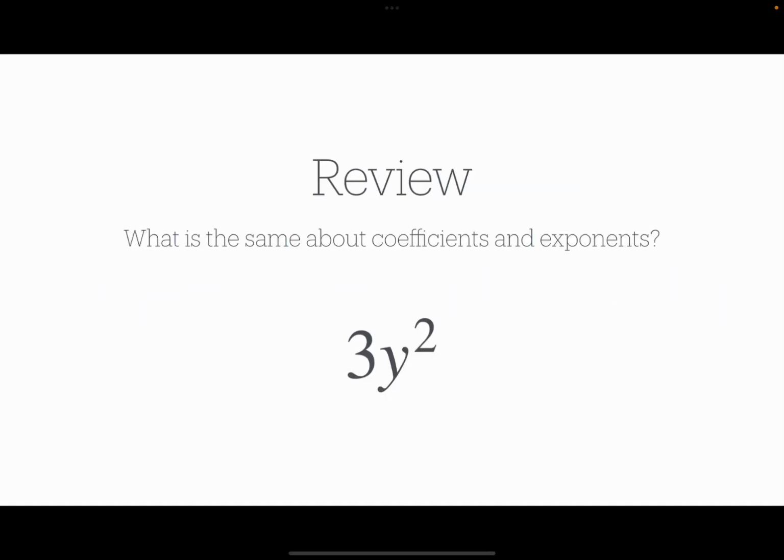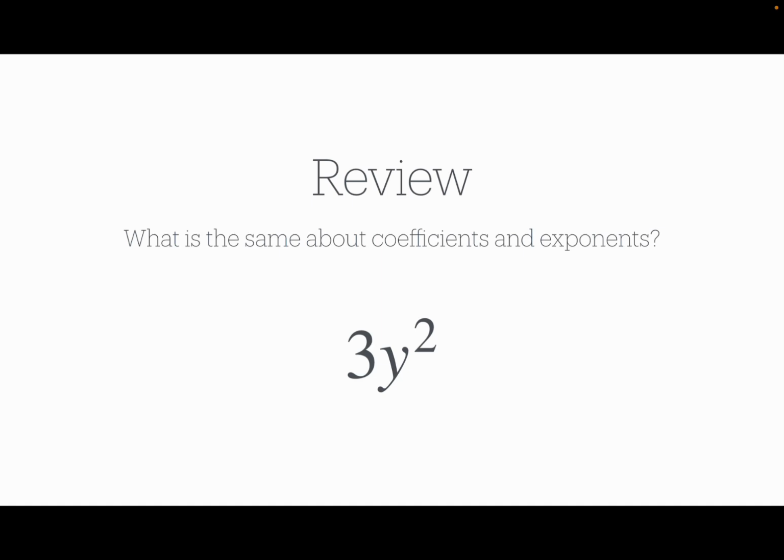What is the same about coefficients and exponents? Well, coefficients tell us how many of the variable is being added together, whereas exponents tell us how many of the variable or even how many of the coefficients are being multiplied together.